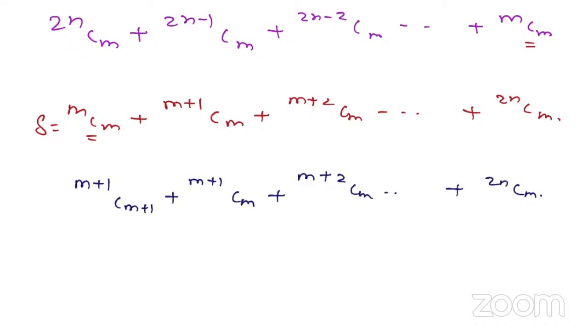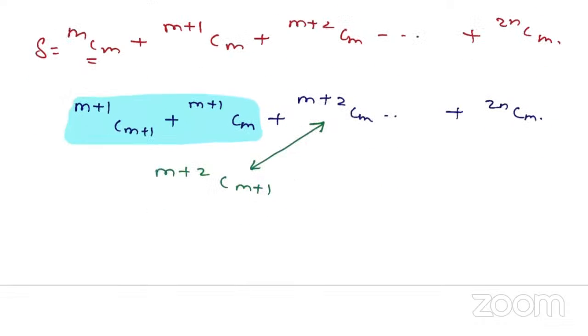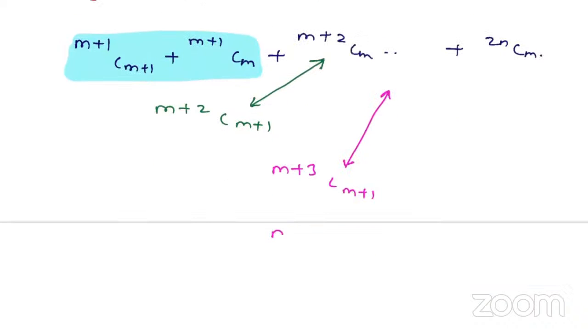If I add these two terms, what we are getting is M plus 2 C M plus 1. Now adding these two terms, what I'm getting is M plus 3 C M plus 1. Now adding with the other one, M plus 4 C M plus 1.